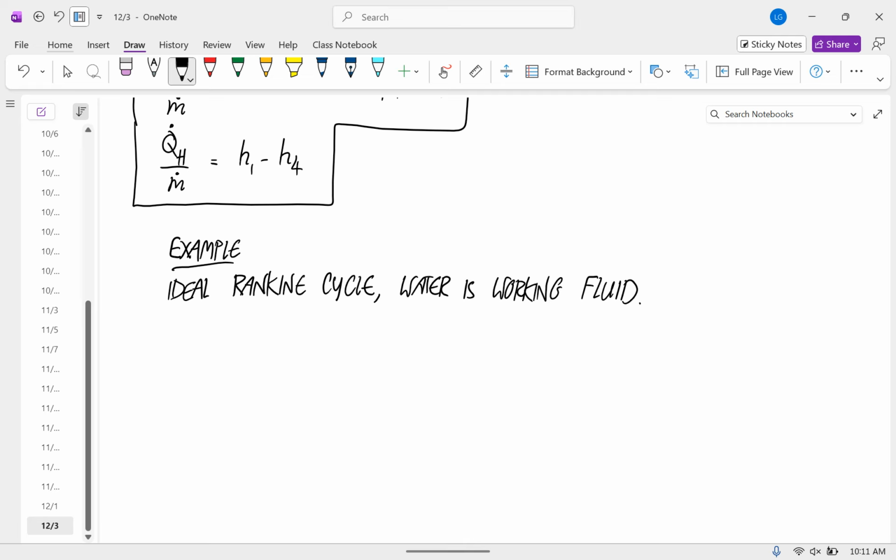Right. So, okay, saturated vapor enters the turbine at a pressure of 8 megapascals. So that's 8 times 10 to the 6 pascals.